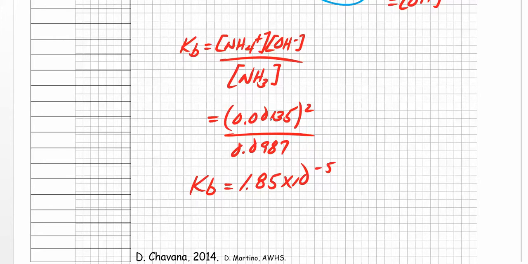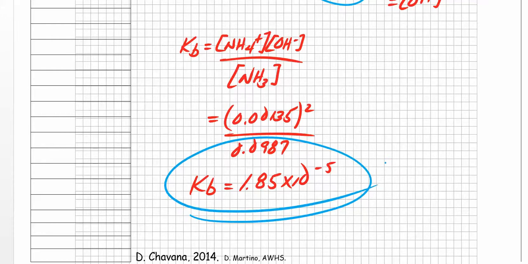So when you square on top and divide by the 0.0987, you get Kb. And we get 1.85 times 10 to the minus 5. Again, it should not surprise us that this is a small number, right? Because it is a weak base, right? So it shouldn't surprise us that it's that small. Okay.